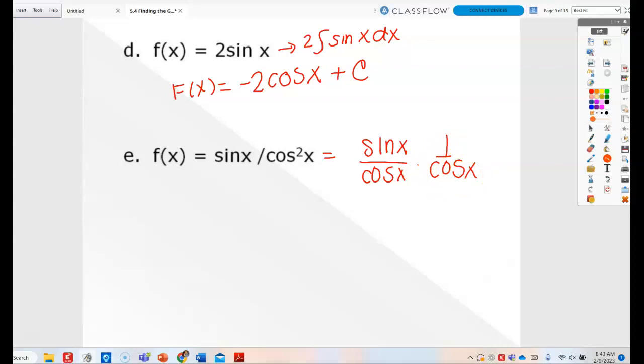So what is sine over cosine? Well, sine over cosine is tan. 1 over cosine is secant. So this is really the equivalent of tan x secant x. So the antiderivative of tan x secant x is secant x plus c.